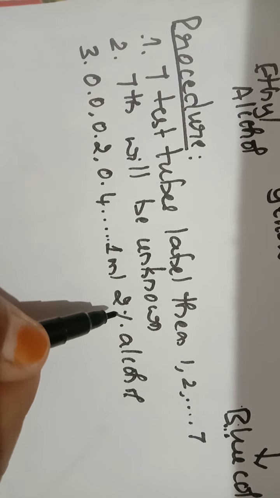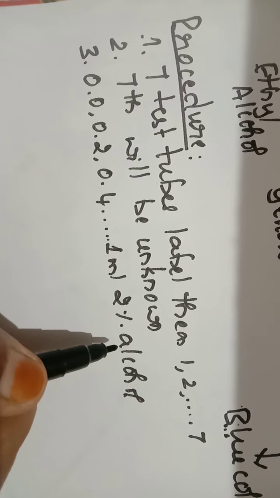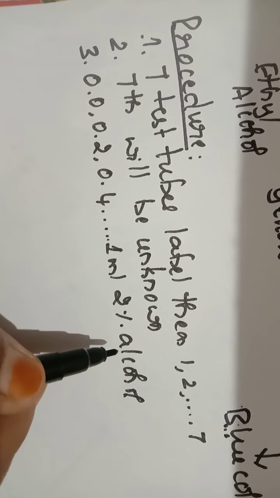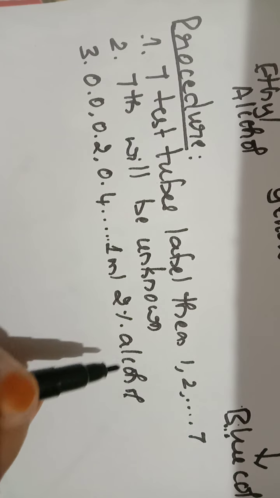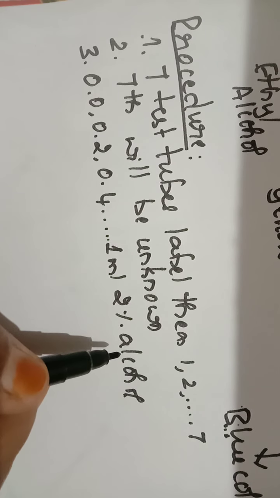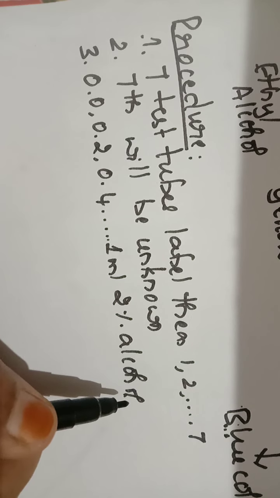For any 2% solution, if it is a liquid, we take 2 ml of it and make it up to 100 ml. In this case, we take 2 ml of absolute alcohol and add 98 ml of distilled water.